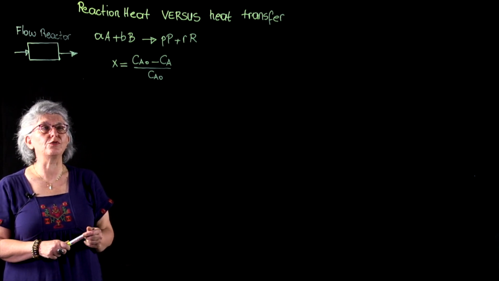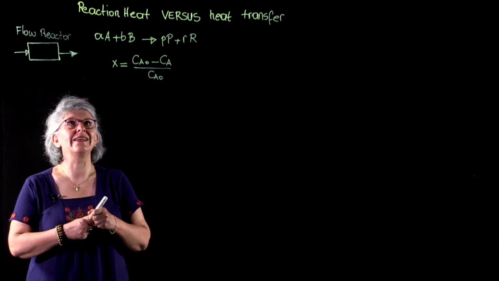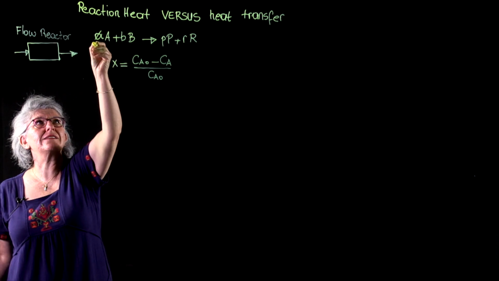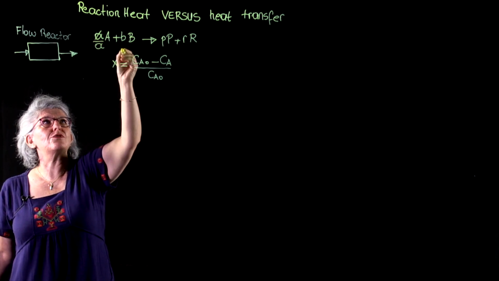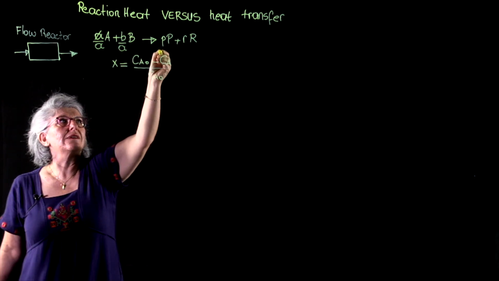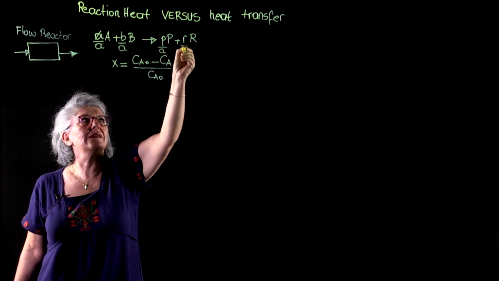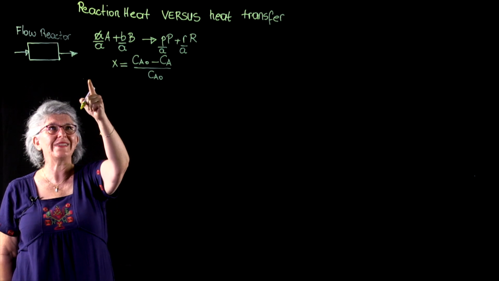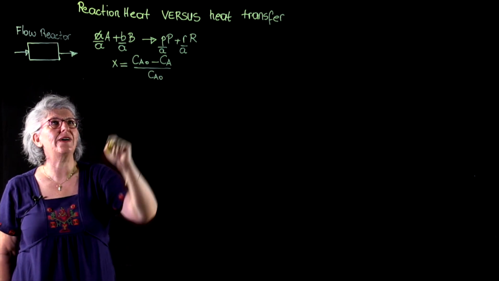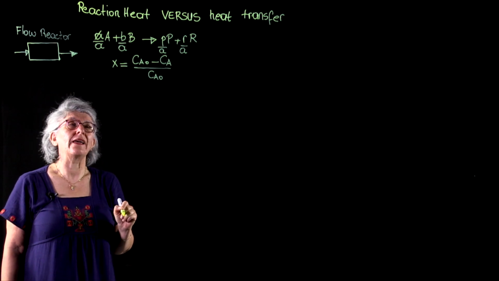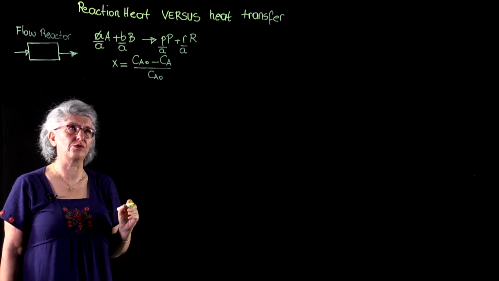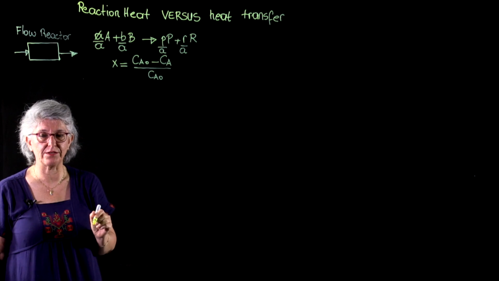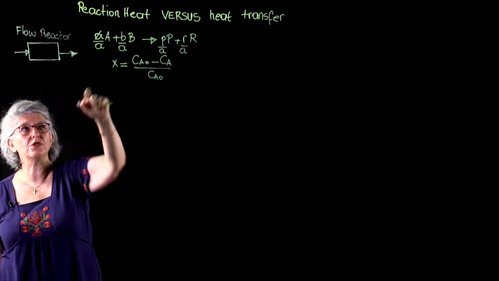Now, first we are going to simplify this reaction by rendering one of the reactants with unity stoichiometry. That unity stoichiometry for component A allows us to define the conversion term, and this conversion term is going to simplify a complex domain with many different parameters to one single parameter that is called conversion.